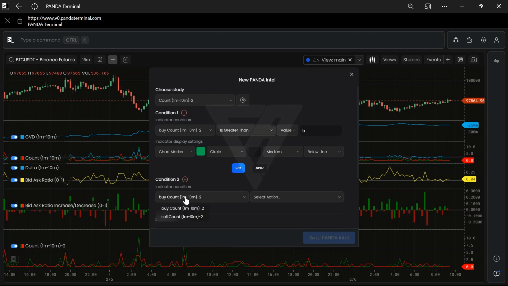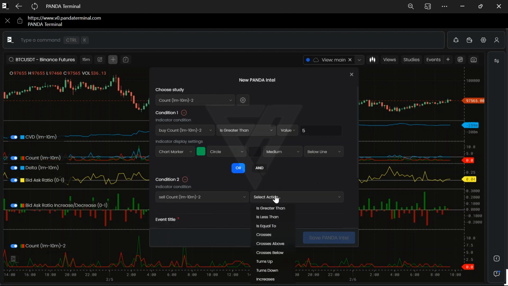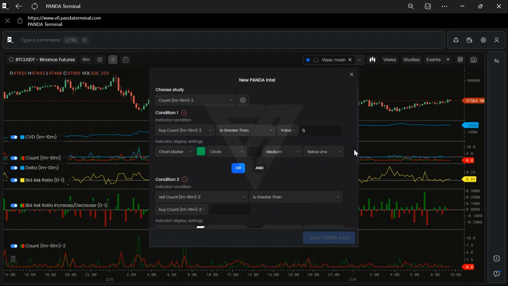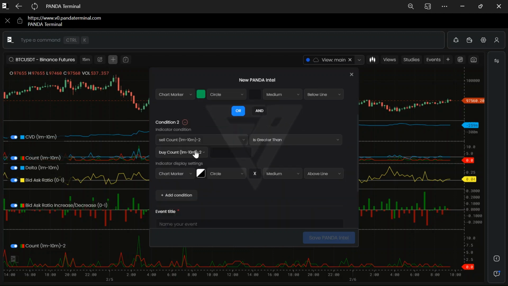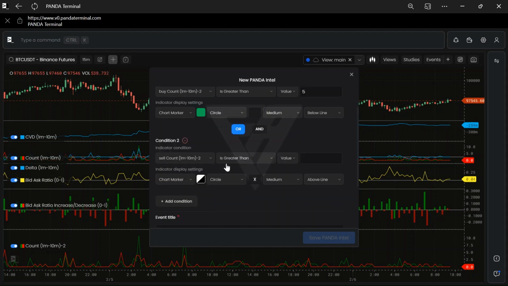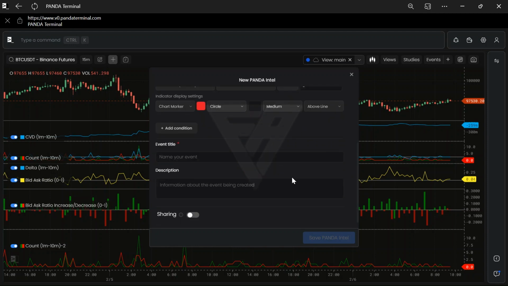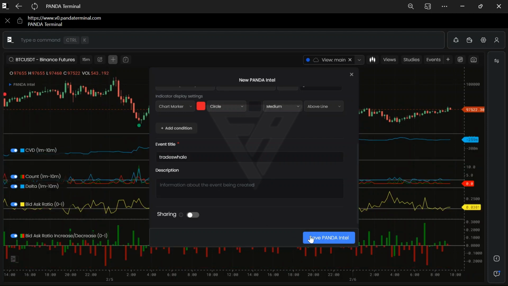For the sell signal, I will add an OR condition, where sell trade size must be greater than 5 million. And I will highlight it by a red circle above that candle. So that's a basic demo of how to set up an Intel event.